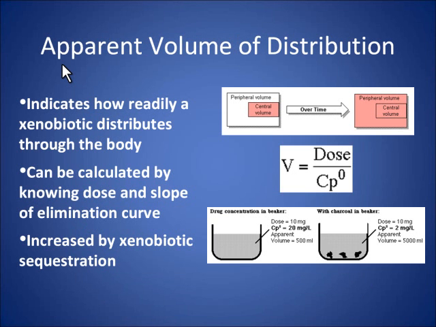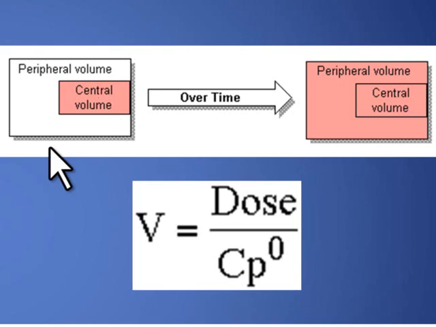The apparent volume of distribution is an important toxicokinetic parameter because it can tell you much about the chemical characteristics of the xenobiotic and its interactions with body compartments. The top panel illustrates the basic concept of the apparent volume of distribution. If you were to take a milliliter of food color and add it to a beaker containing an unknown amount of water, you would see the color diminish in intensity as it diffuses throughout the water.